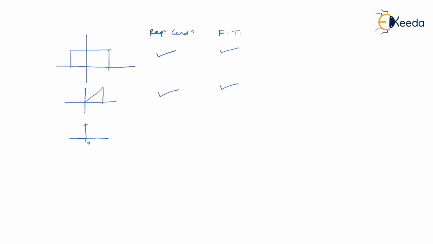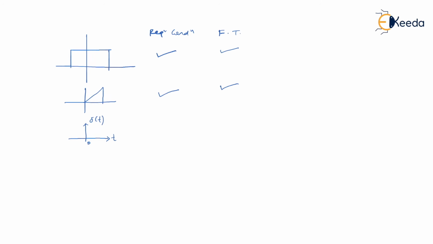So now you have to identify what this is. What do you think? Do you think that the area under the curve for the given signal is finite? Do you think that a Fourier transform will exist for this?